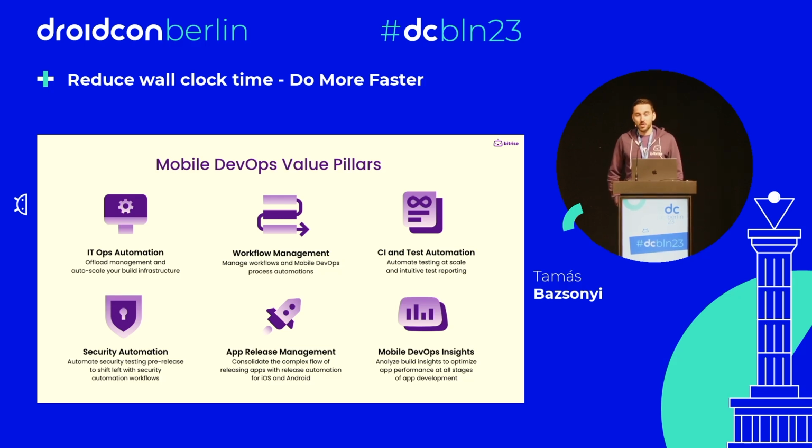The other is the workflow management, basically managing all the different workflows, pipelines that you are using, making sure that all the different integrations are in place and you are able to still use any kind of third-party tools that you are using. The next one is the CI and test automation, basically ensuring that your test cases can scale their execution as well.